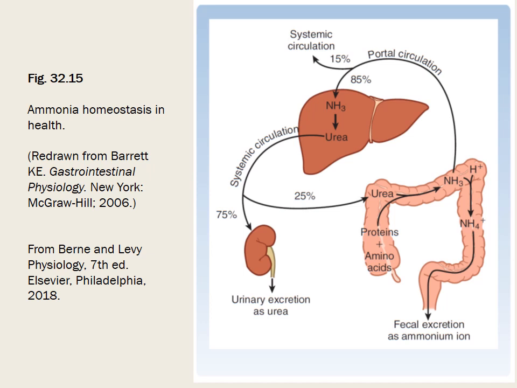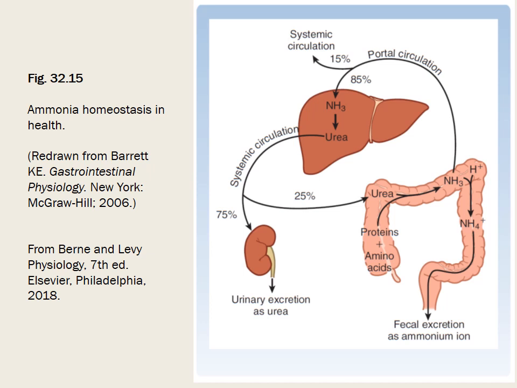It provides hypertonicity in the renal medulla, as I said, and then 25% goes to the colon, then forms the ammonium ion, and it is excreted in the feces. You see here ammonia is also absorbed via portal circulation to the liver and to the systemic circulation, and then the liver converts ammonia into urea.